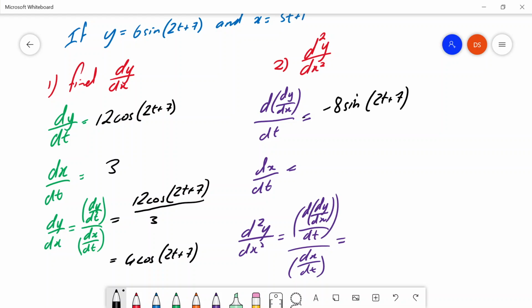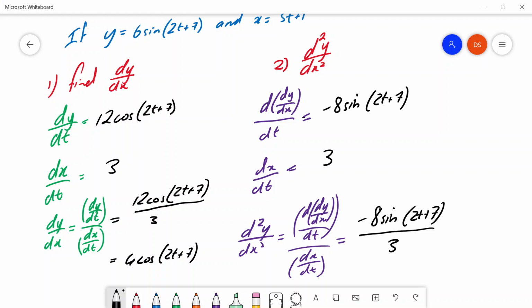And dx by dt, which we've done, is still 3. So now I have everything I need to write my derivative, which is just negative 8 sine (2t plus 7) divided by 3. And that is how we do the second derivative using parametric equations.